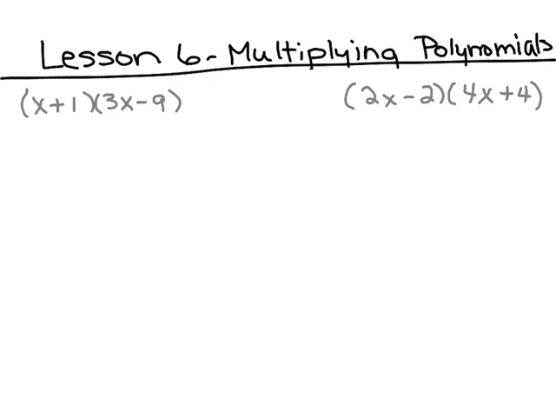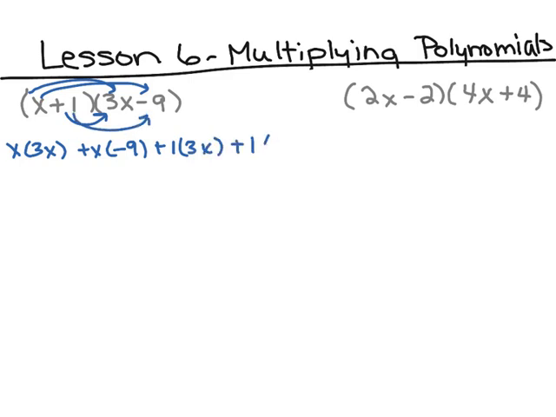Next example, we have x times 3x and x times negative 9, 1 times 3x, and 1 times negative 9. X times 3x is 3x squared.